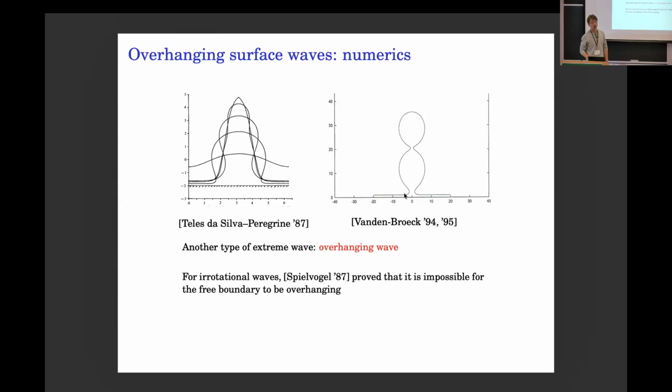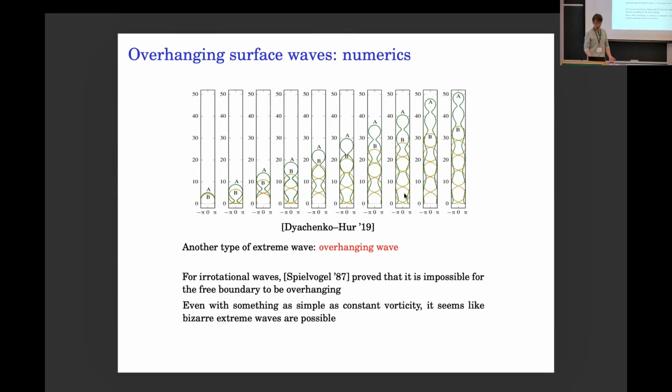But these are all exact numerical computations, and there are even more exotic ones. This is done by Dyachenko and her collaborators in 2019, and you see that these are all in the periodic setting. I forgot to mention that. And you see these bubbles. You can see as many bubbles as you want stacking on top of each other, which is pretty remarkable.